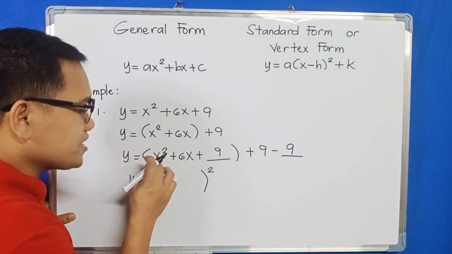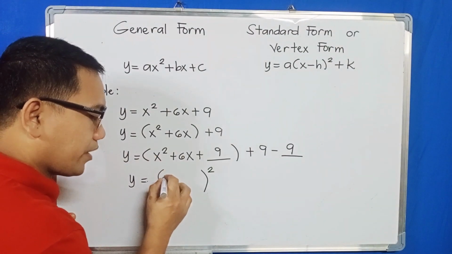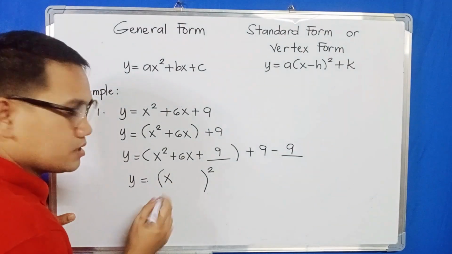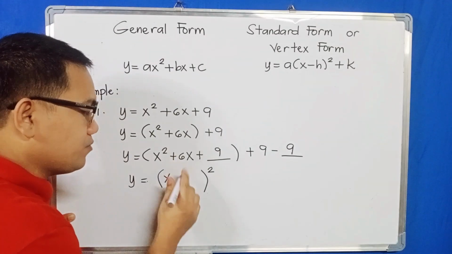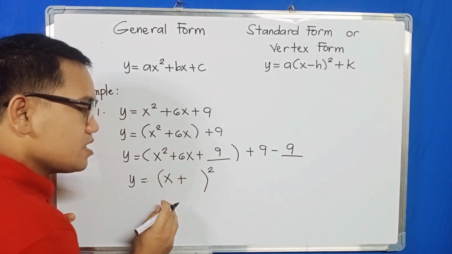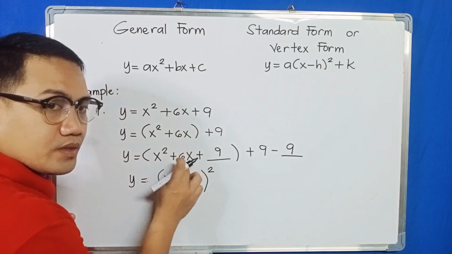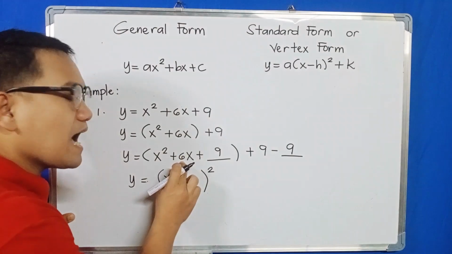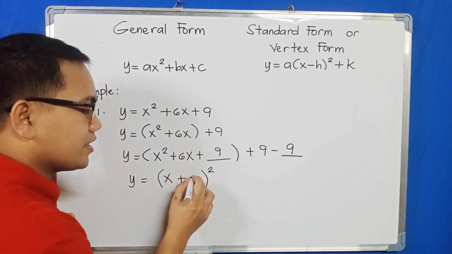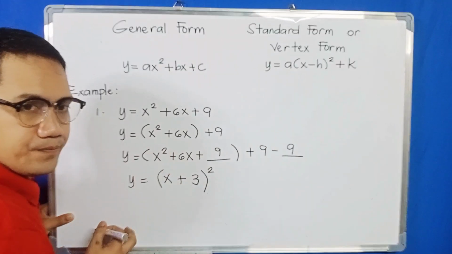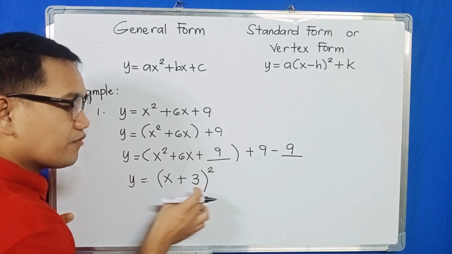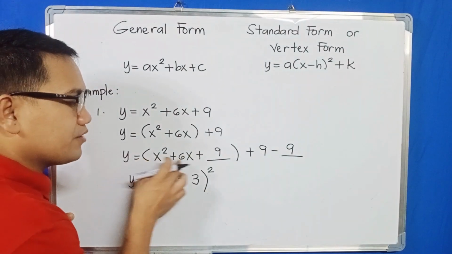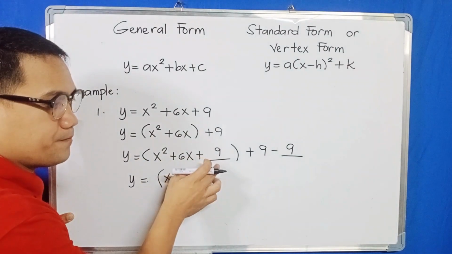That is, we get the square root of x squared, which is x, then the sign of the second term, which is positive, and the half of the coefficient of x. In this case, half of 6, and that is 3. So this would be the square of a binomial of this perfect square trinomial.